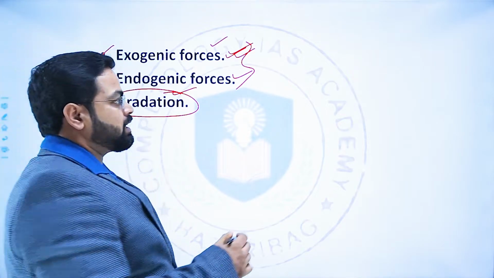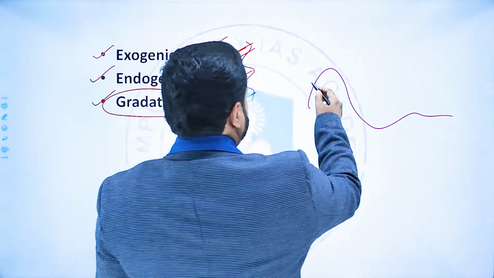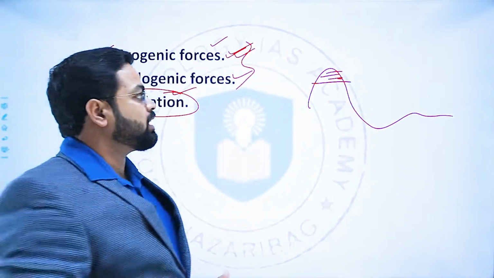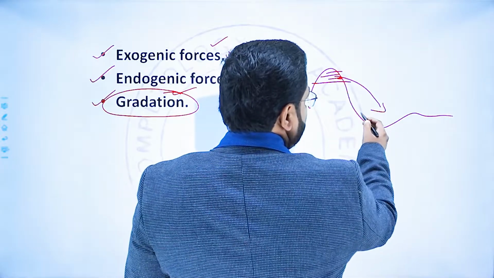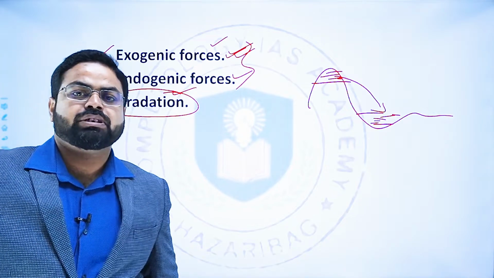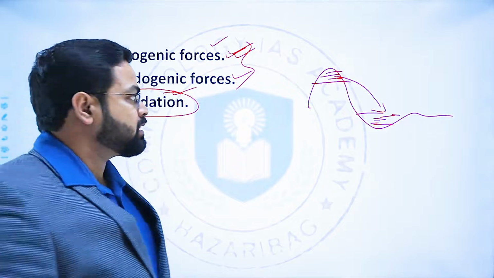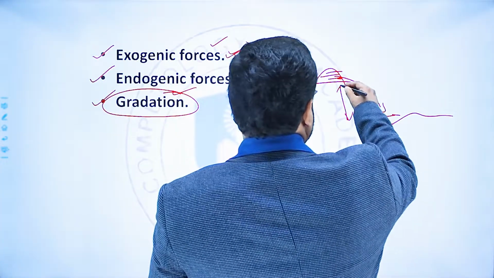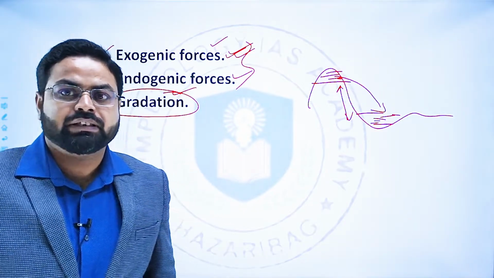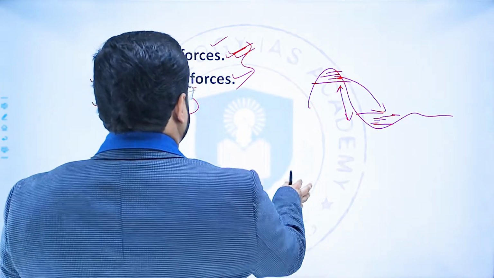When this material is transported to different locations, the elevated landscapes get degraded and the weathered material is deposited in locations having depressions on the surface of the earth. Due to this, the difference between the elevated and depressed landscape gets evened out, and this process is known as gradation.